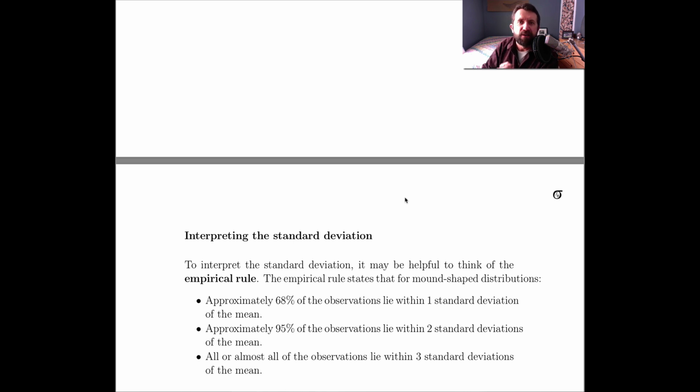It is a rough guideline for mound-shaped distributions. So technically the values are coming from the normal distribution that we'll talk about much more later, that bell-shaped curve. But in this context, we're saying if it's just roughly kind of mound shape, then this empirical rule will hold water.